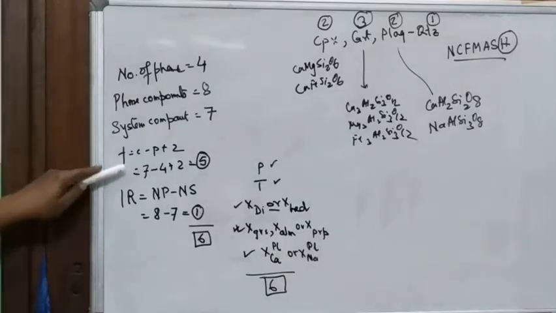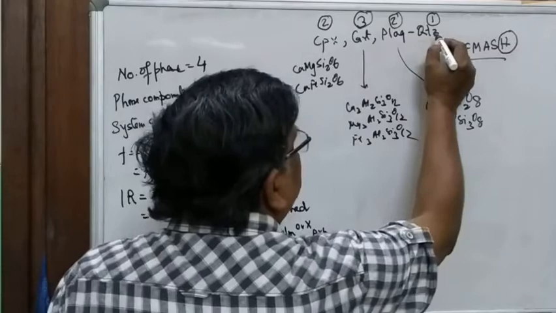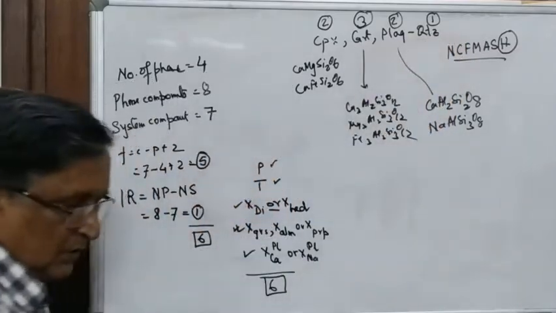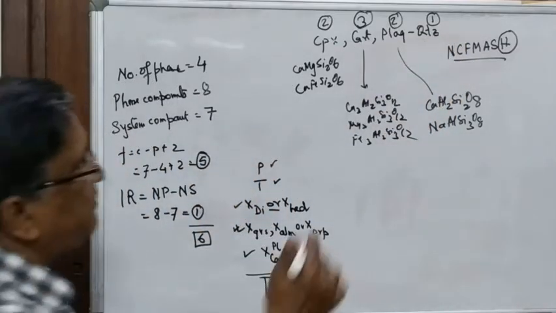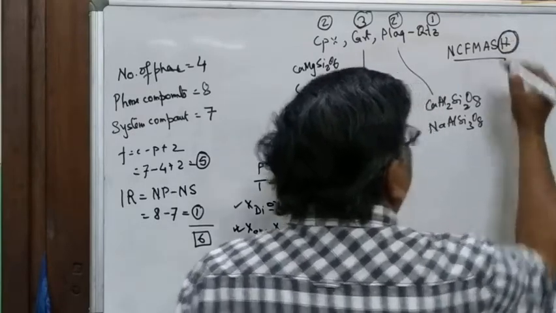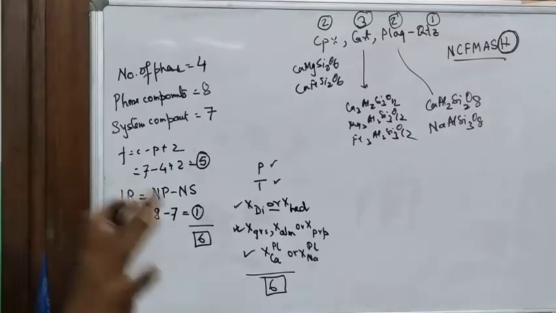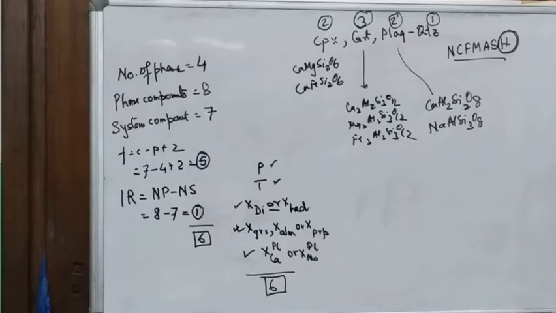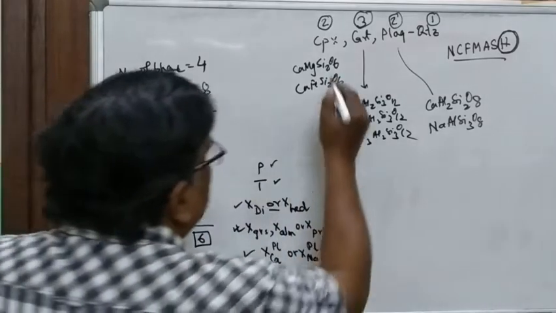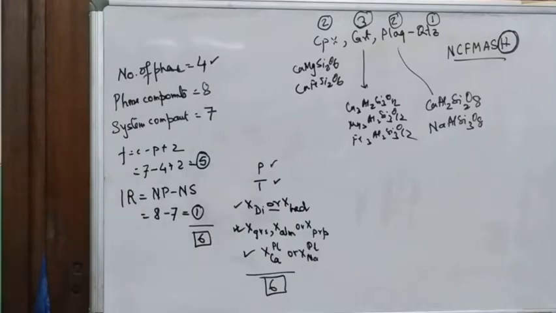Gibbs phase rule, at the moment F is equal to C minus P plus 2. Once again, let's recollect. As I see, there is no water here, but we have taken H, for reasons I don't know. There could be a reason, but that's more difficult, so we don't discuss this. We are already having a lot of problems. So number of phases for me is equal to 4, no doubt about it.